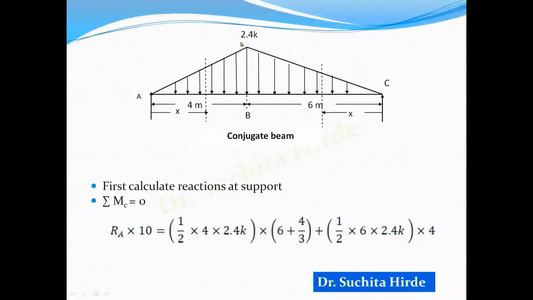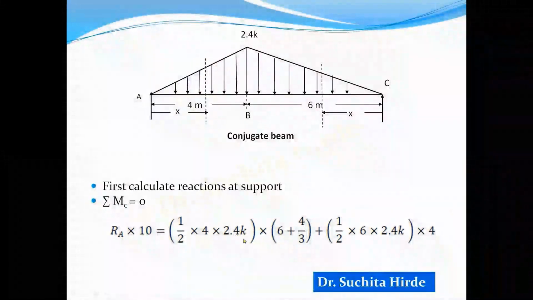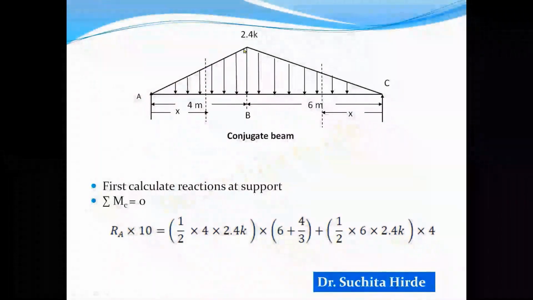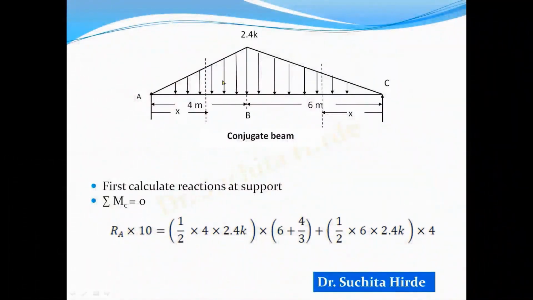The total load due to this triangle is the area of this triangle, which is half base into height, multiplied by distance. You know that moment is equal to force multiplied by distance. What is the distance? It is the distance of the CG of this triangle. You know that from the base of a triangle, the CG distance is 1/3 and from the apex it is 2/3.